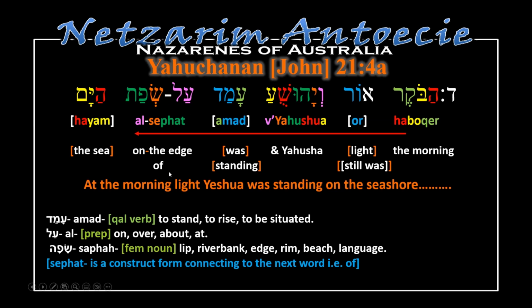Sefat, the edge of. If we look down here, Sefa is a feminine noun meaning lip, riverbank, edge, rim, beach, and it's sometimes used as language. Right, and then we have Ha-yam, meaning the sea.